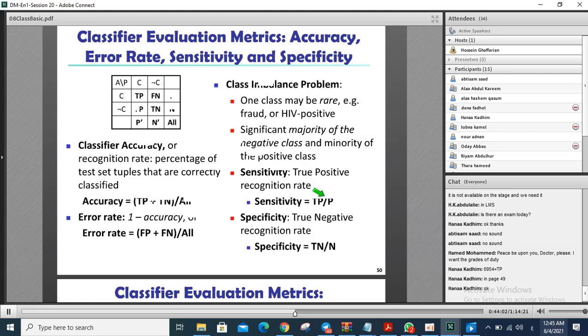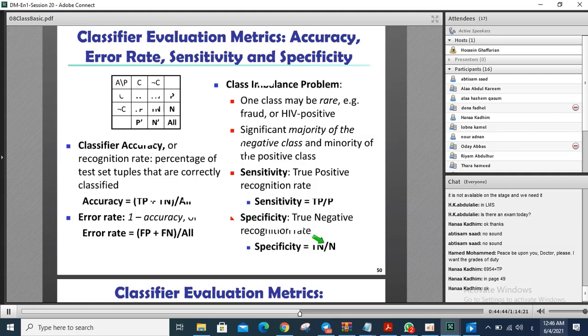You can use this simple method: total number of true positives divided by the total number of actually true records. Because in some cases, although the actual label is true, I'm predicting it's false. So sensitivity is equal to true positive divided by positive records.